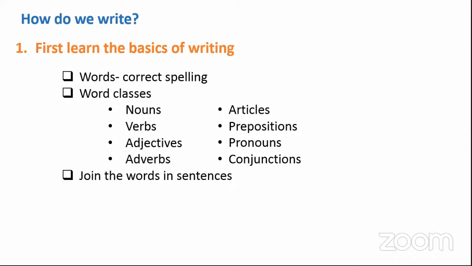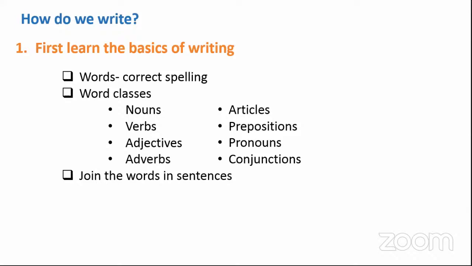Everybody knows nouns. We can refer to a person, a place, a thing, and sometimes an idea. So those are nouns. Examples: boy, child, then we can say table, honesty. So we can have those words as nouns.